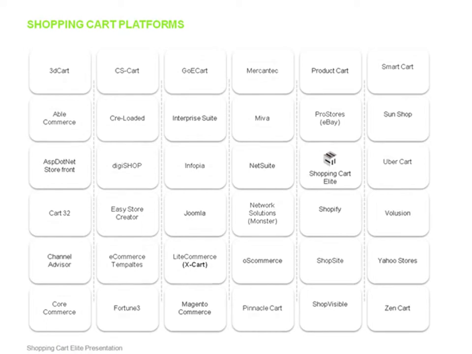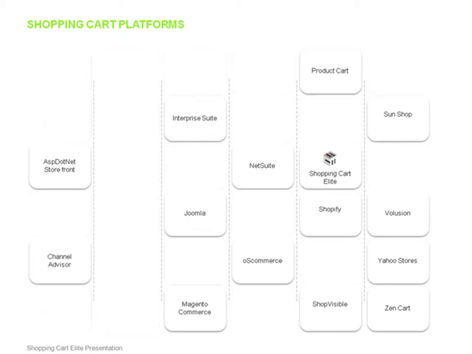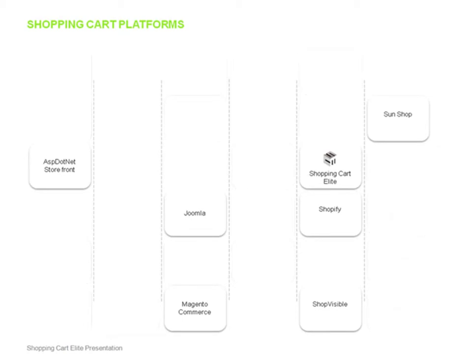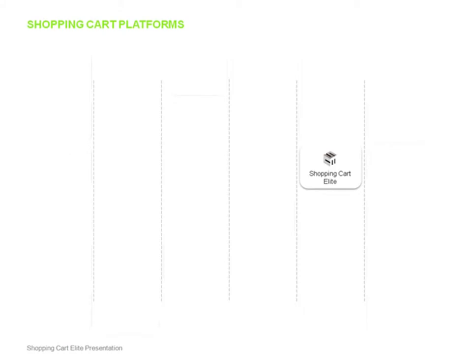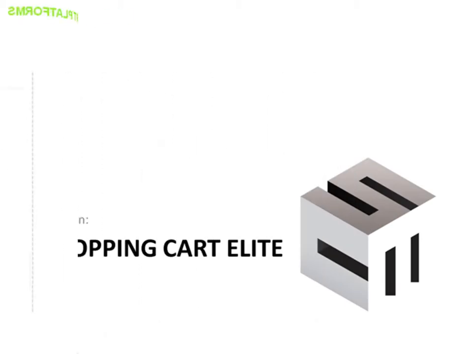If we eliminate all the shopping carts that offer outdated technology and design, all the shopping carts that offer poor front-end technology design, all the shopping carts that offer poor back-office systems, all the open-source shopping carts, and finally, those that overcharge for their shopping cart platforms, then we are left with one clear solution: Shopping Cart Elite. And this is exactly how Shopping Cart Elite stands out from the crowd.